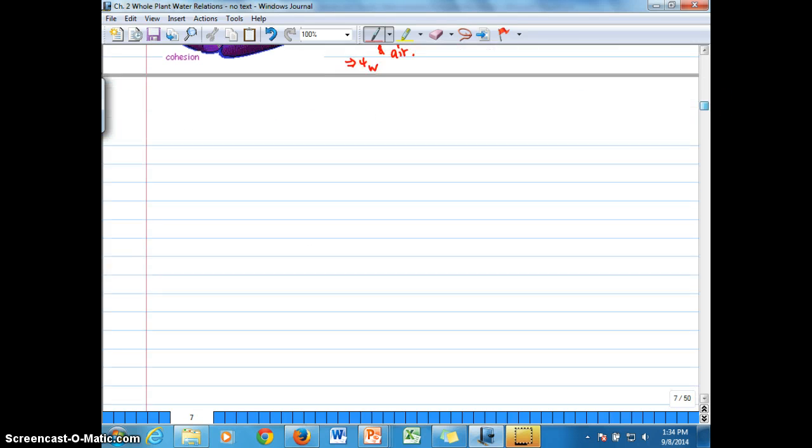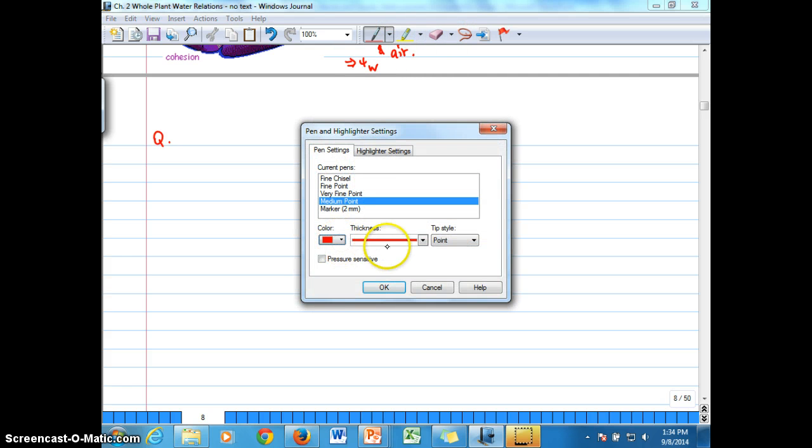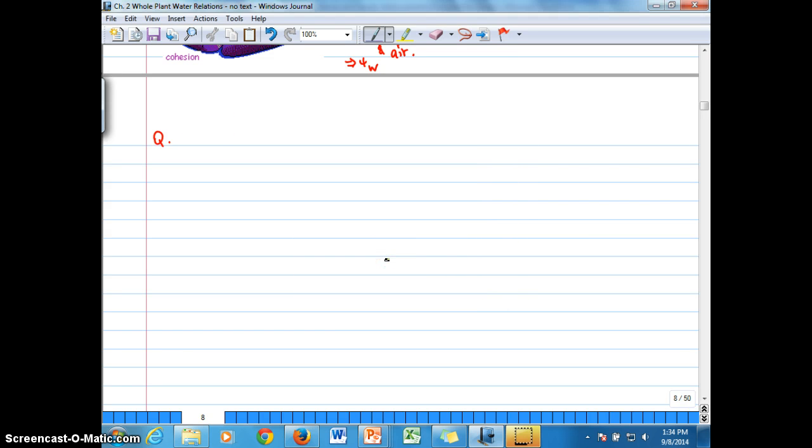Okay, so if we move now into the next topic, what are the things that decrease water availability and therefore affect water potential in soils?